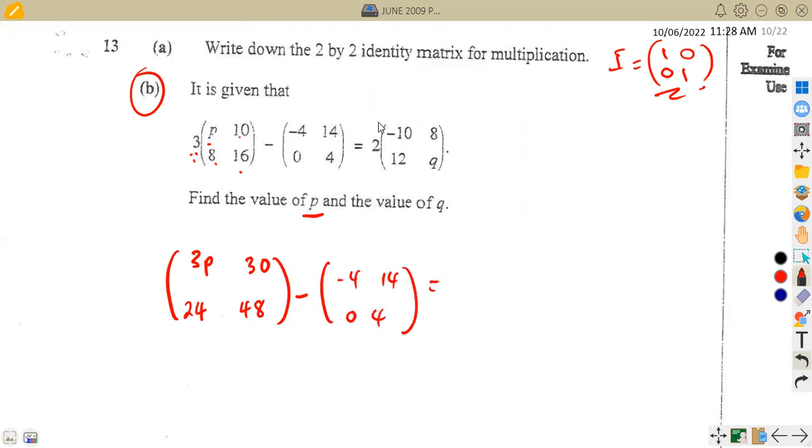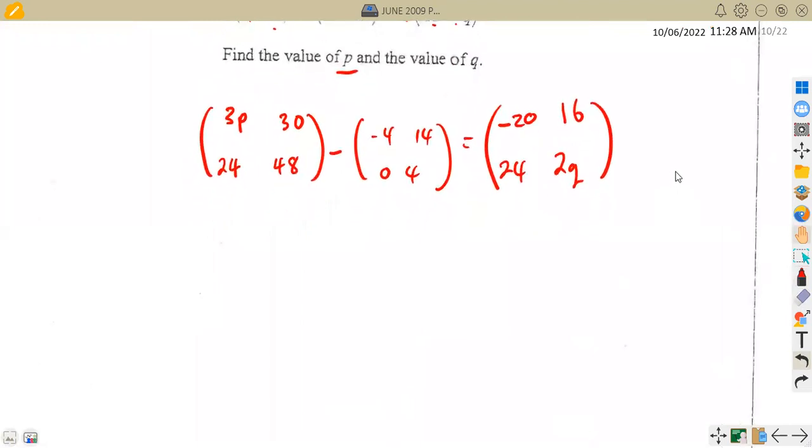Which is equal to, you have got 2, which is a scalar, so it's going to multiply everything inside the matrix. So it's 2 and negative 10, that's negative 20, 2 and 8, 16, 2 and 12, which is 24, 2 times Q, which is 2Q. All right, so at this stage, you can combine terms from the left-hand side to make sure that we remain with a single matrix here. So it's 3P minus minus, which is a plus.